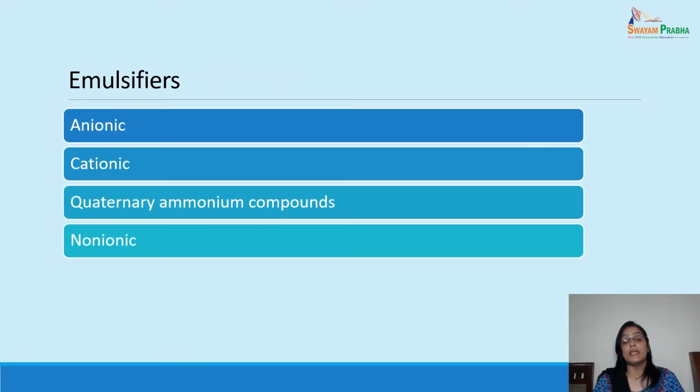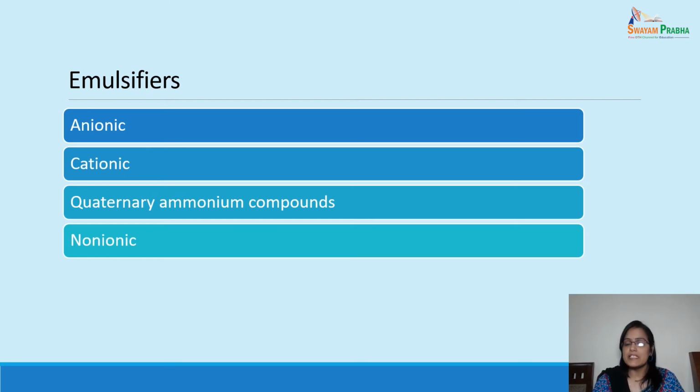Now moving to emulsifiers. If we take the example of creams in semi-solid preparations, creams are basically emulsions. Emulsifiers reduce the interfacial tension between two liquids and help in the formulation of cream.